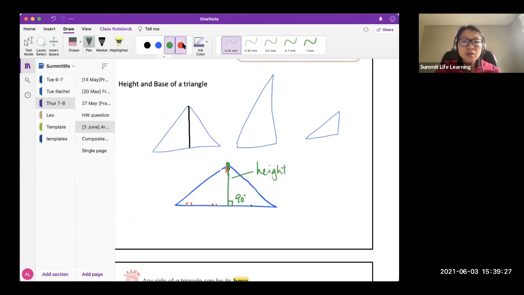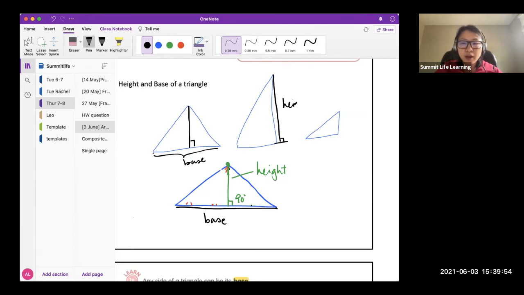When you have the height, it corresponds to a base. Base refers to the straight line that is at 90 degrees with the height. So this is the base. For the first triangle, I have this to be the height, and this will be our base. For the second one, I drop a straight line at 90 degrees to the bottom.